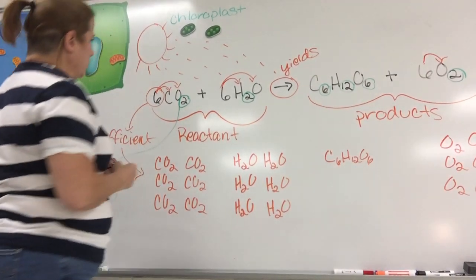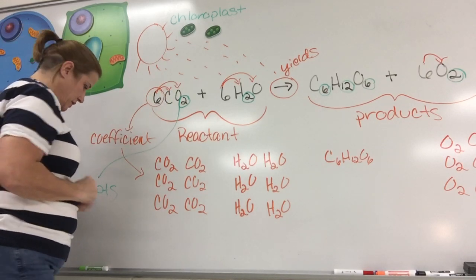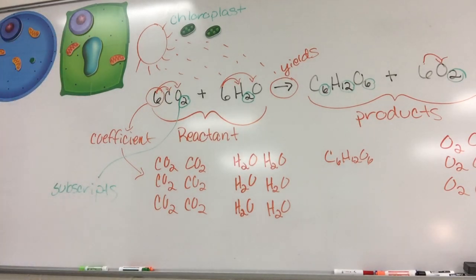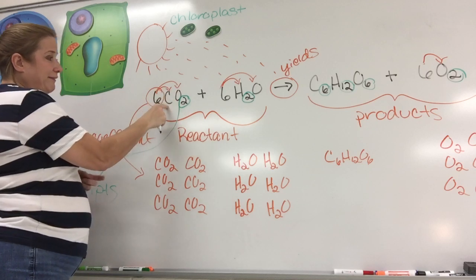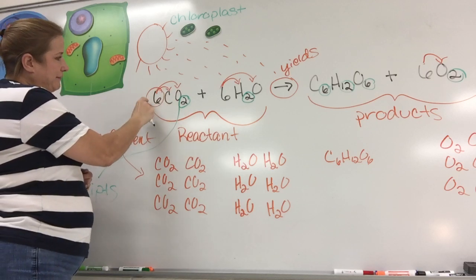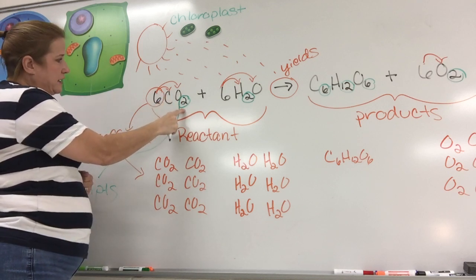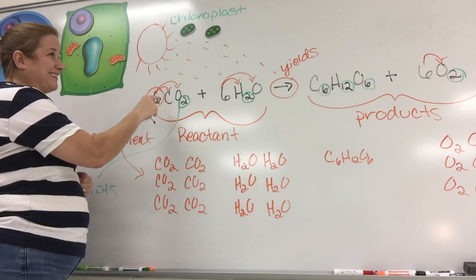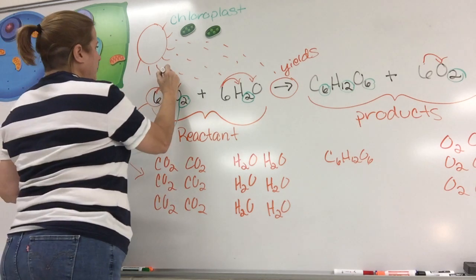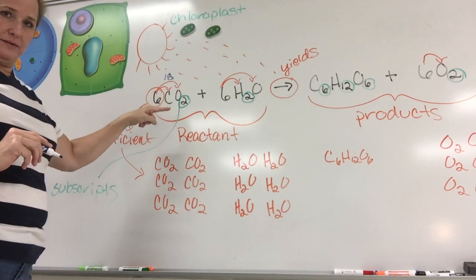Okay, so if I multiply this 6 in, let me have a different color. Let's do this blue. If I multiply in this 6, so 6 times 1 is 6 carbons. 6 times 2 is 12 oxygens. So 6 carbons plus 12 oxygens is 18 atoms. So this compound has 18 atoms in it, okay?